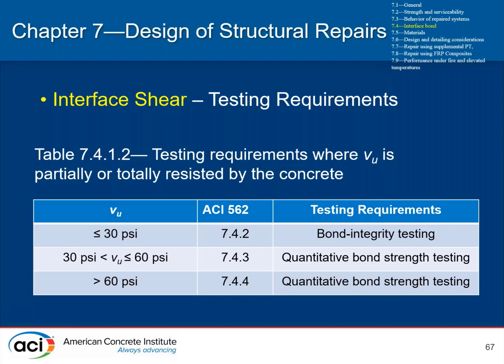Where it's between 30 and 60 psi, quantitative bond strength testing is required, and where it's greater than 60 psi, quantitative bond testing is also required, but additional interfacial shear items are necessary as well.